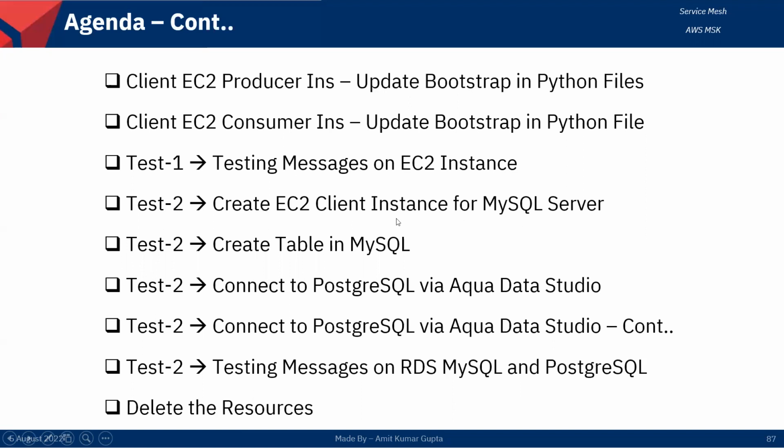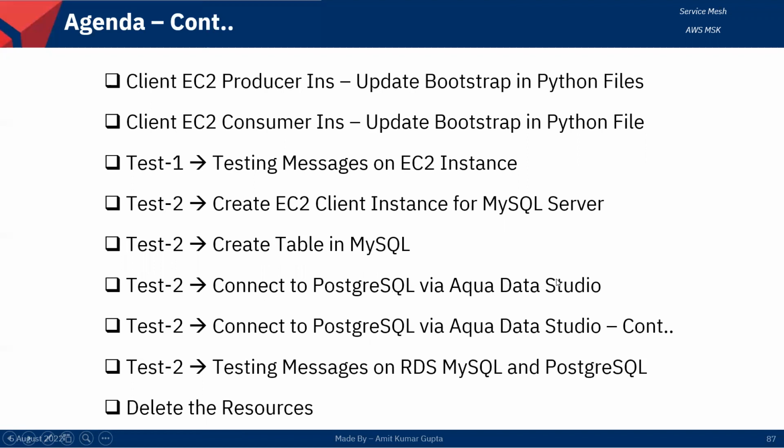For that MySQL server, we need to create one table, and we will create one more client EC2 instance that will work as a client for the MySQL server. Using this client machine, we will create the table and execute our queries. For PostgreSQL, we will not create any instance.